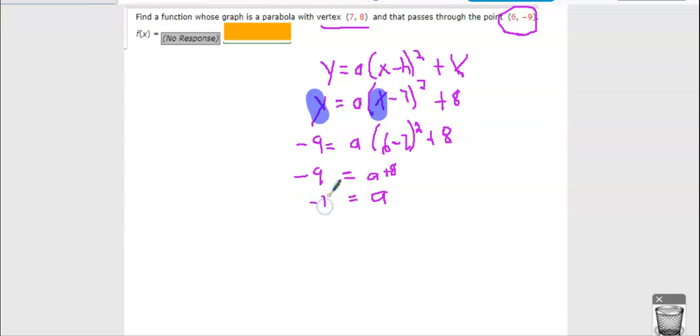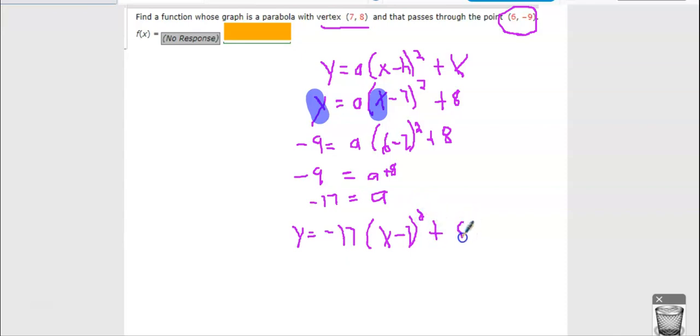So now that we know a is negative 17, we can write the vertex form, or I'm so used to calling it vertex form, but again, that's standard form. So now the a is negative 17, and I know the vertex is 7, 8. So negative 17 times x minus 7 squared plus 8.